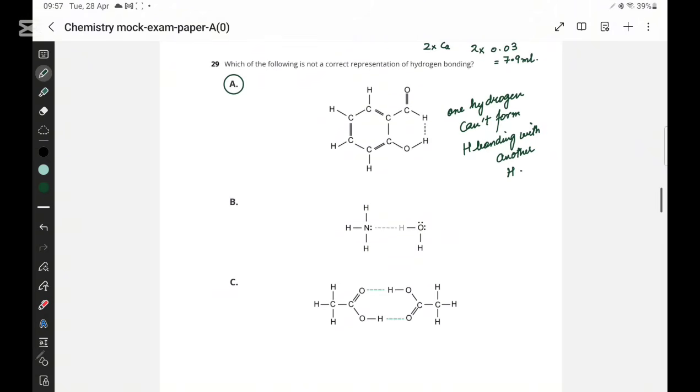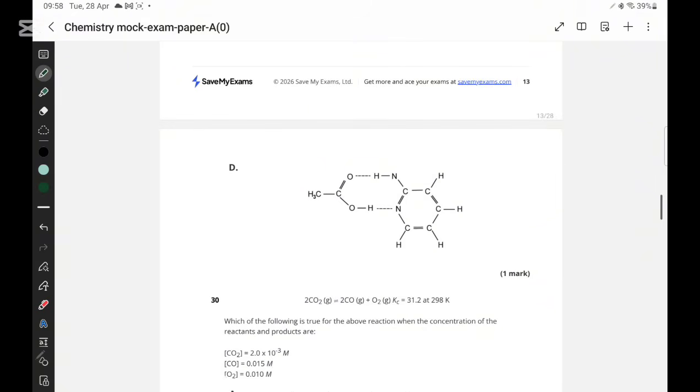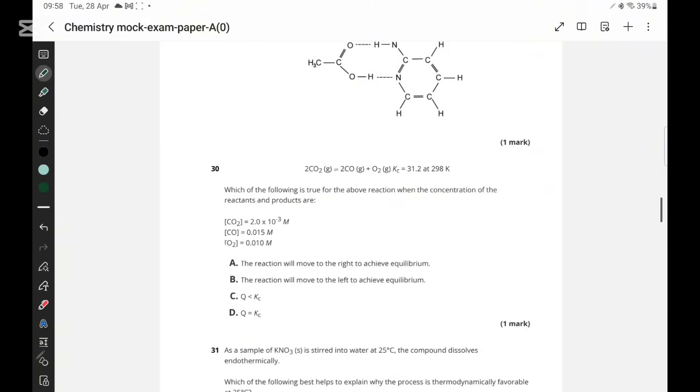So our answer is A, because the others are correct: the hydrogen, with partial positive charge, can attach with oxygen, partial negative charge, like this, and it has made the hydrogen bonding correctly, and this hydrogen bonding is also correct.